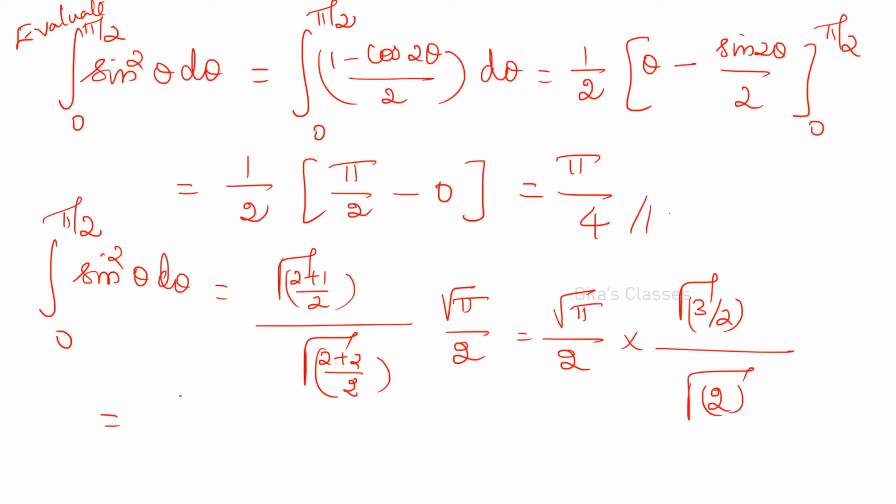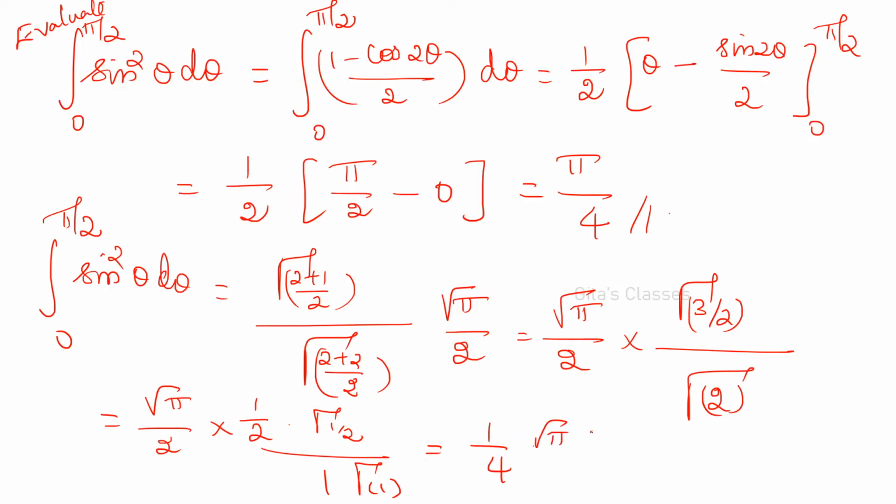What is the value of gamma of 2? It is 1. Gamma of 3 by 2 is 1 by 2 into gamma of 1 by 2, right? Divided by gamma of 2, which is 1. So this will become 1 by 4 into root pi into, already you know that gamma of 1 by 2 is root pi. Therefore, which is pi by 4.